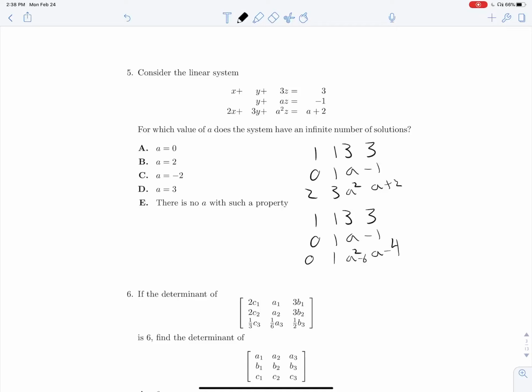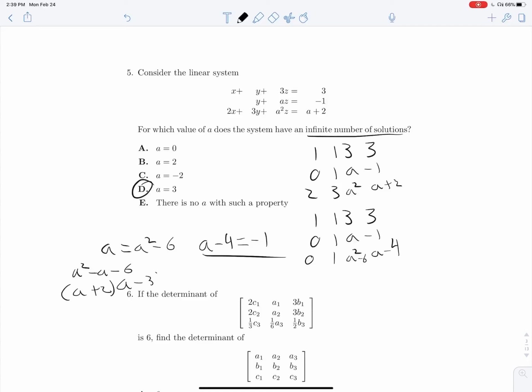In order for us to have a free variable so that we have an infinite number of solutions, these two are already equal to each other, the elements of the second row and the third row in the first 2 entries. But we would also want A to be equal to A squared minus 6, and we would want A minus 4 to be equal to negative 1. So just from this, we can see that A is equal to negative 3, but also if we go over here, A squared minus A minus 6, A plus 2, A minus 3.